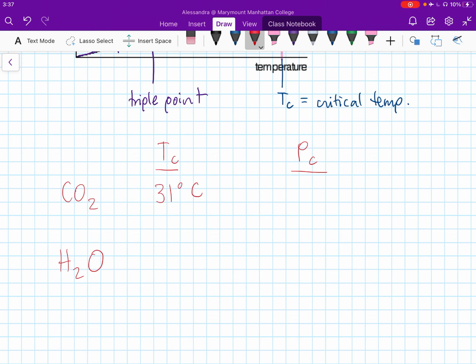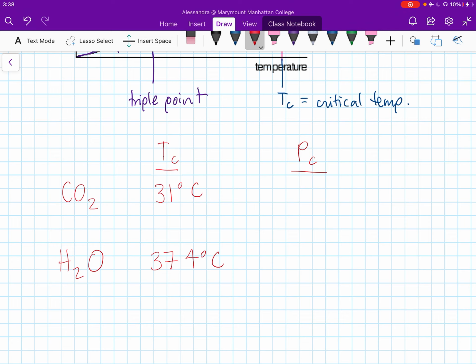For water, as you might guess, the critical temperature is much higher. Okay, and that is from all of those hydrogen bonds, right? So the critical temperature is 374 degrees Celsius for water. That's more than 10 times the critical temperature of carbon dioxide.